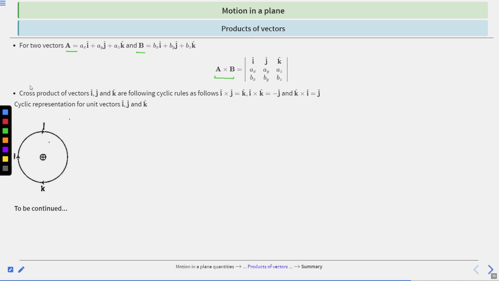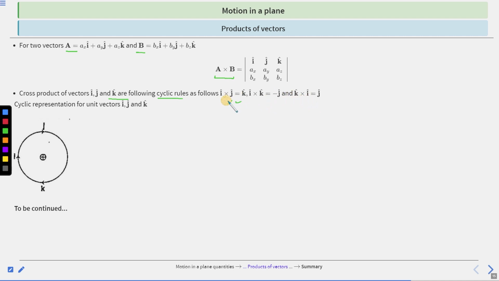Clear? The cross products of vectors I, J, and K follow cyclic rules: I cross J gives K. Clear? J cross K gives I cap, and K cross I gives J cap. I cross K gives minus J cap. Clear?